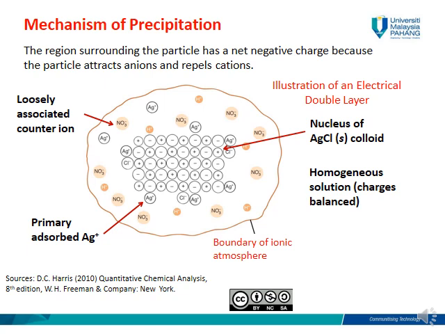The solution must be homogeneous. That is a very important point in order to produce a very good precipitate. So you need to have a homogeneous solution. This is just the boundary of the ionic atmosphere, to show that the interaction occurs within the ionic atmosphere.